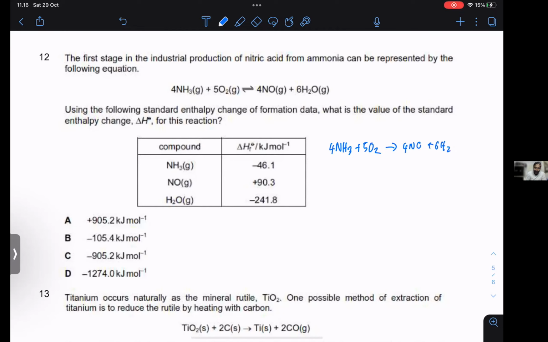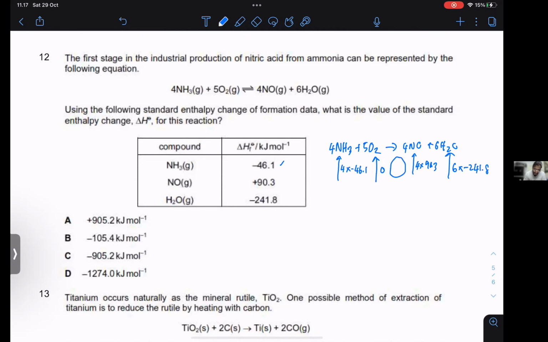So here, the formation: 4 times negative 46.1. To form oxygen, 0. To form NO, 4 times 90.3. To form water, 6 times negative 241.8.